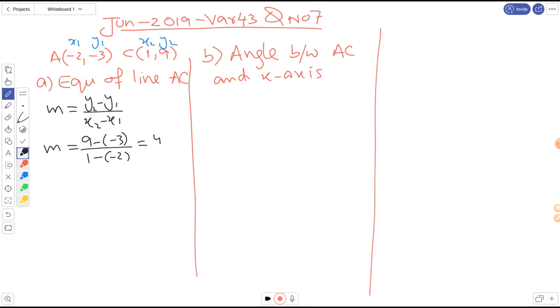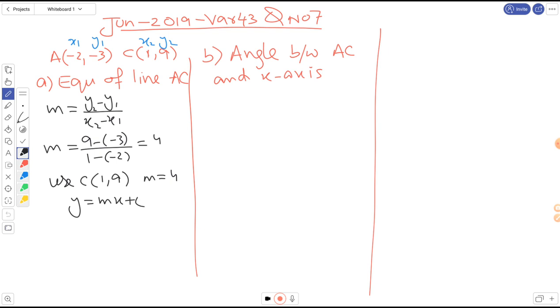After this, we need c. You can use either point A or point C, no issue. I use C because there are fewer negative signs. I'm using m as 4 for finding c. y is equal to mx plus c.